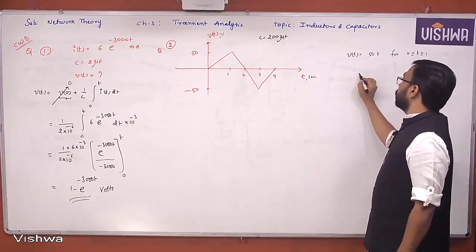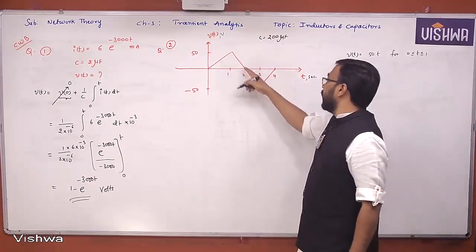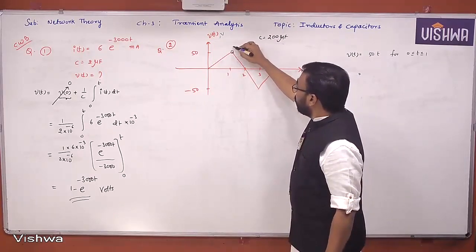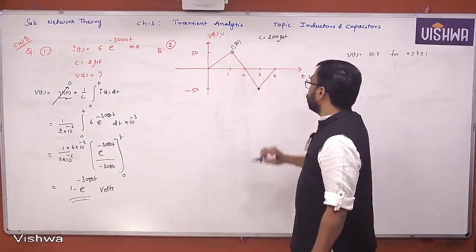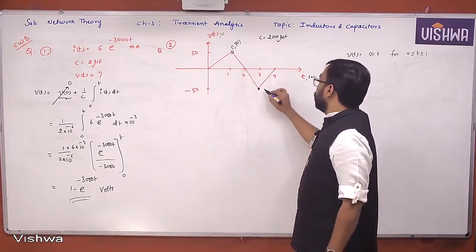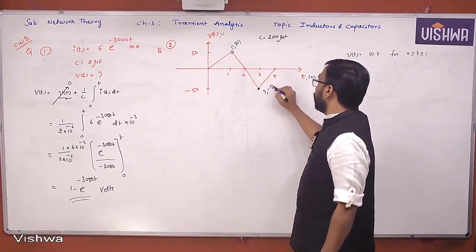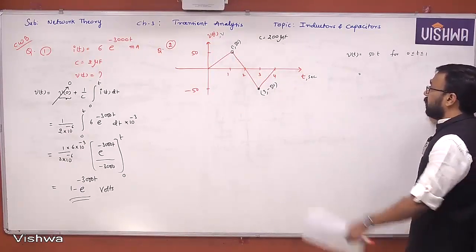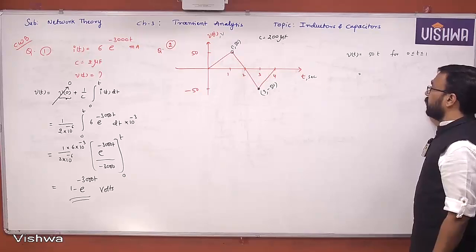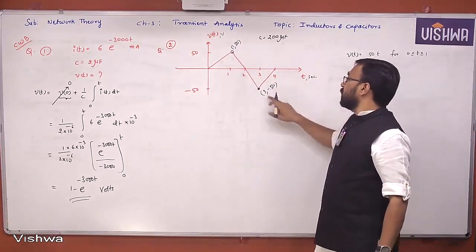Now what about the other one? It is a line with a negative slope. What is this point here? 1 comma 50. What about this? 3 comma minus 50. So you can find the straight line with a negative slope. This is x1 y1, this is x2 y2.